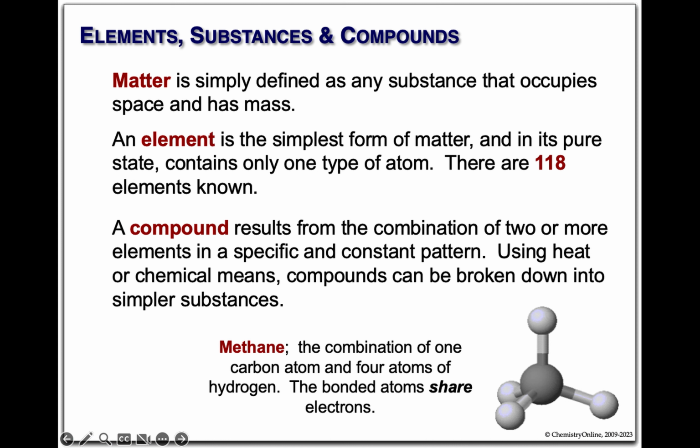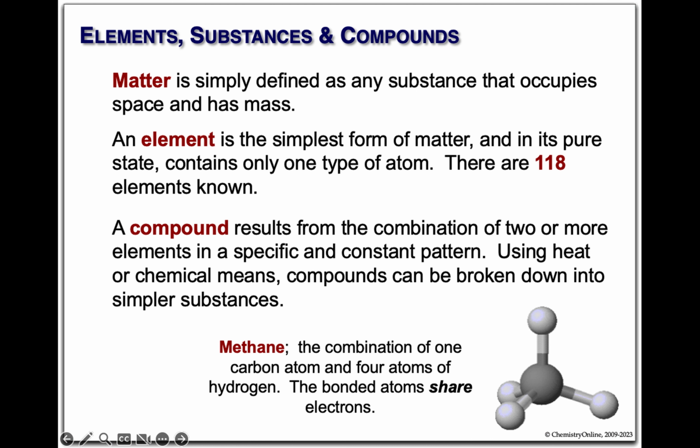Elements, the simplest form, contain only one type of atom. Compound. The notion of a compound is new. If we take two or more atoms, we can link them together and we can make what's called a compound. The linking together is always in specific and constant patterns. There are two types of compounds we're going to deal with, mostly in chapter 3.